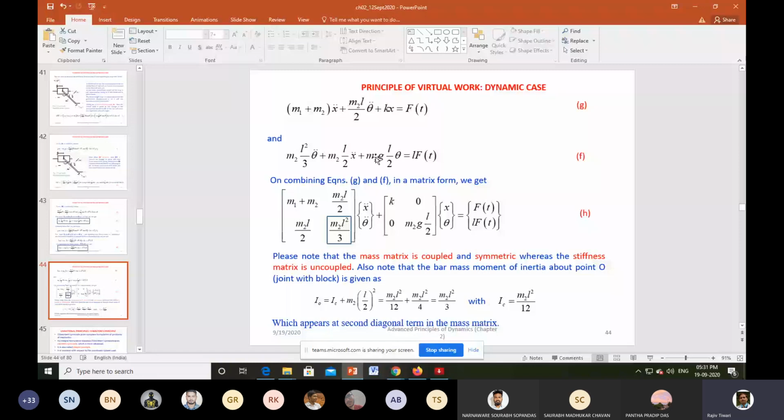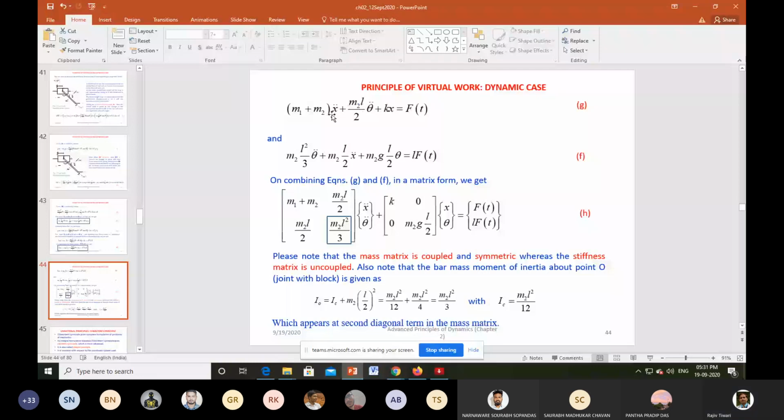This vector is the acceleration, x double dot and theta double dot. I can show that the first equation is the first row, and the second equation is the second row. So m1 plus m2 is this, m2l by 2 is this, because they are multiplied by x double dot and theta double dot.